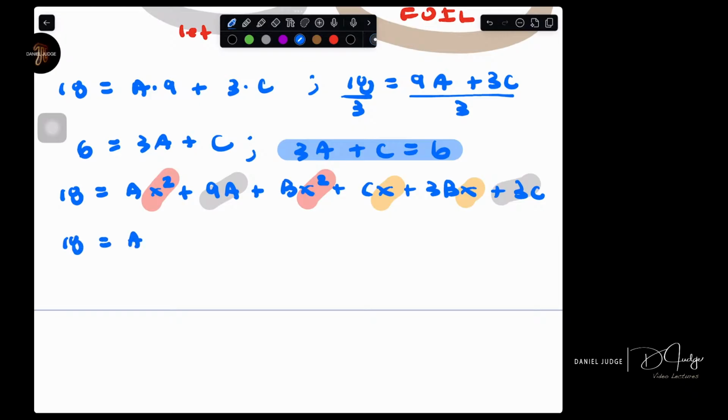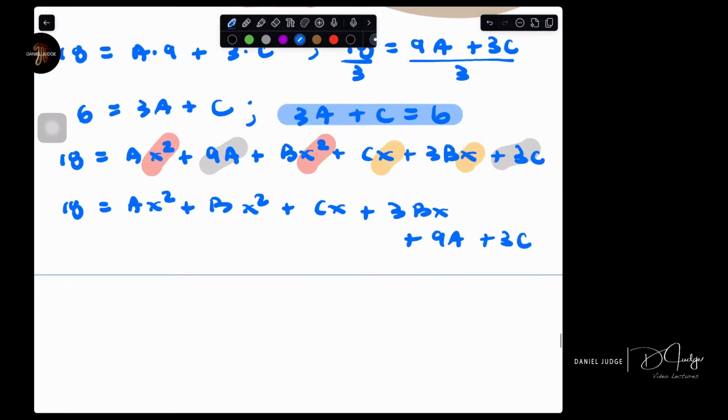So I have ax squared plus bx squared plus cx plus 3bx plus 9a plus 3c. Since I have all these x squared terms together, the x terms together, and my constants, I'm going to factor, ladies and gentlemen.